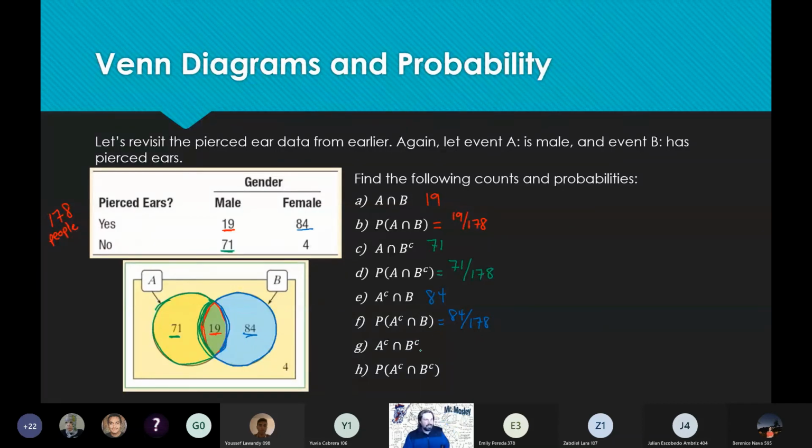Not in A and also not in B. That leaves just our little 4 over here. Not part of A, and it's not part of set B. So we're at 4 out of 178. Any questions? Anything I can clarify about this?